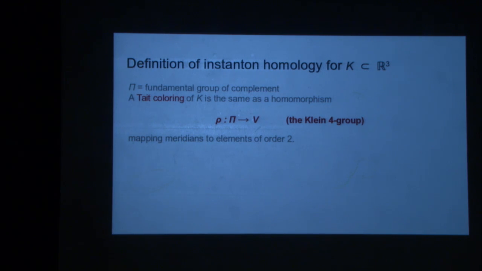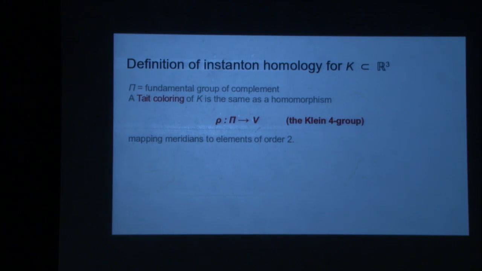So I want to tell you something about how the instanton homology is defined. One way of motivating the starting point is to think again about Tate colorings. If you think of your graph, even a planar graph, as sitting inside 3-space, you may think of its complement in 3-space or in the 3-sphere.